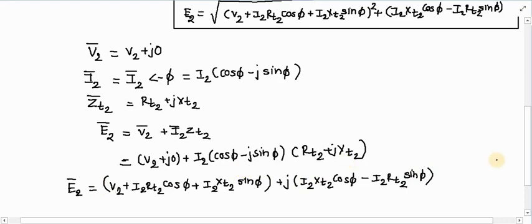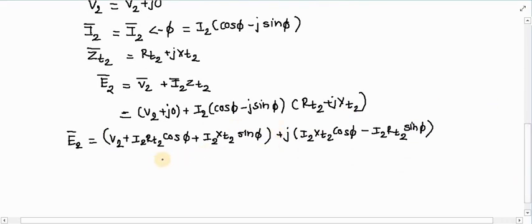Okay, hence this is in rectangular form.